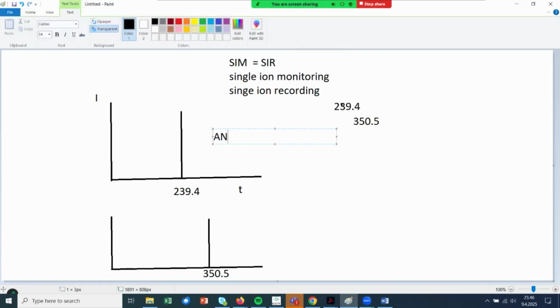So analyte 1, analyte 2, completely different analytes, but they both are, say, 239.45. With simple single mass spectrometric analysis, we cannot tell the difference. We don't know whether it's analyte 1 or analyte 2.